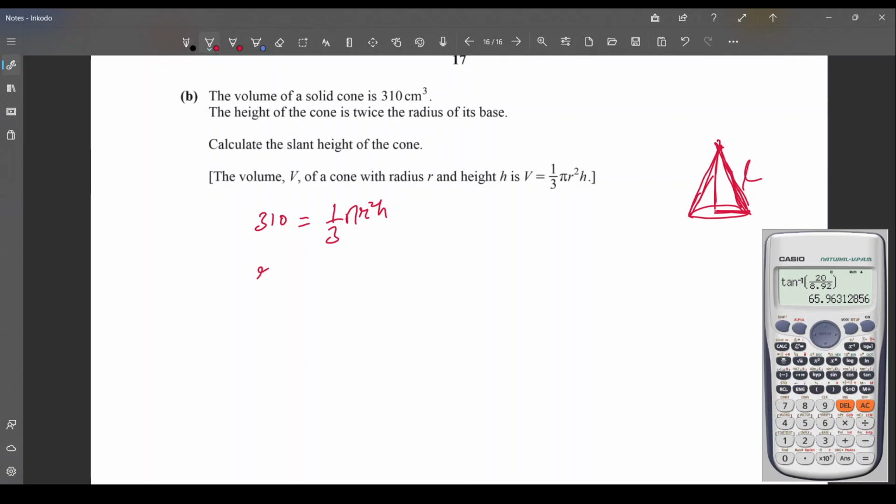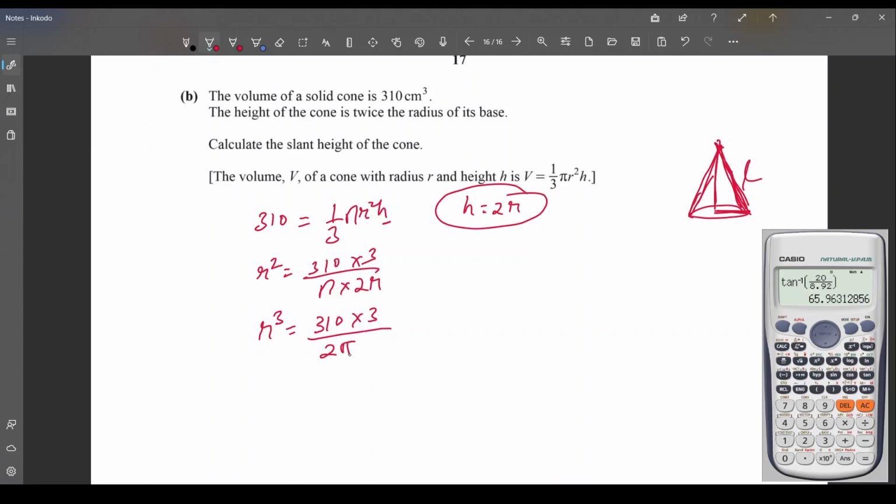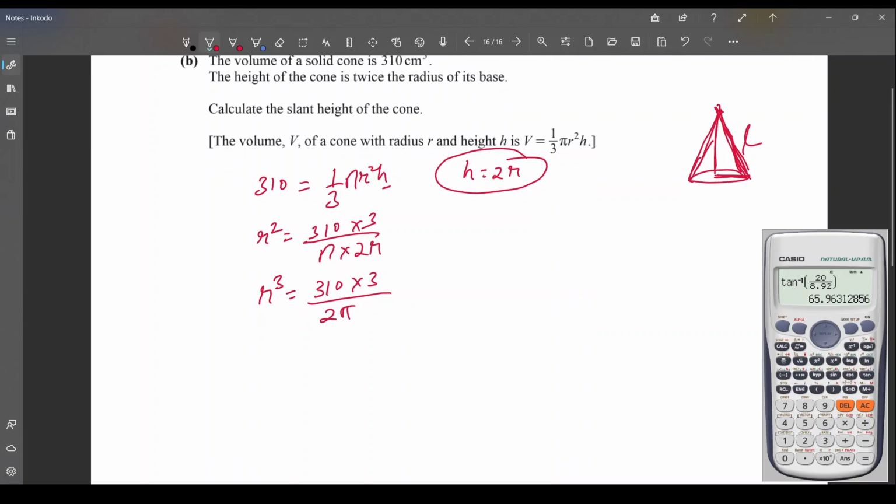So r square will be equal to 310 times 3 divided by pi into h. h is double of r, so instead of h I can write 2r here. So we can also send this r over there, right? It will become r cube equals 310 times 3 divided by 2 into pi, because I also sent this r cross multiplied.